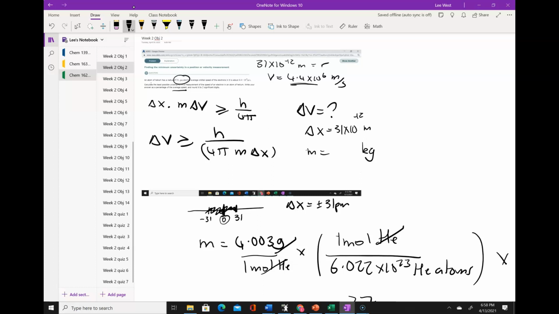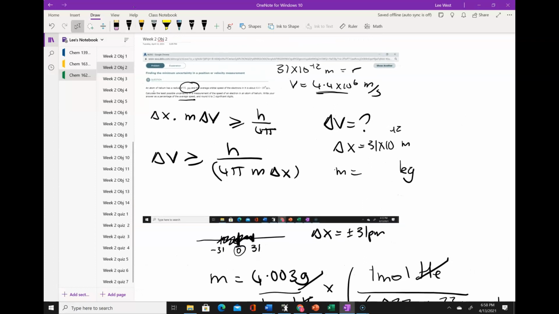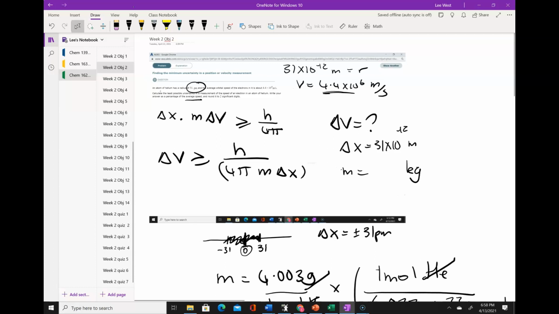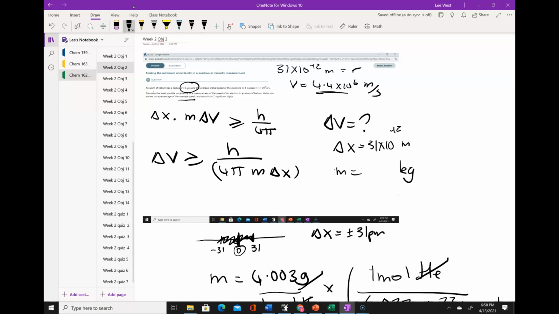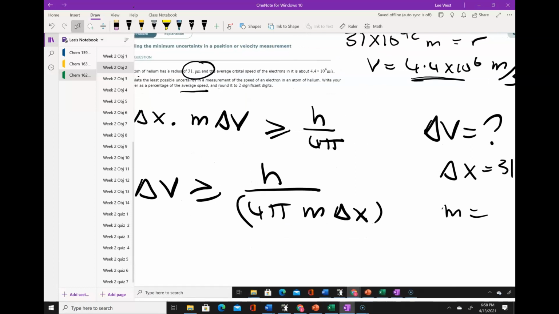And then it says the average orbital speed was 4.4 by 10 to the 6 meters per second. And we realized that we didn't need to do anything with that number. It was good to go as meters per second. And then it says calculate the least possible uncertainty in a measurement of the speed, right? So we want to calculate what delta v is.